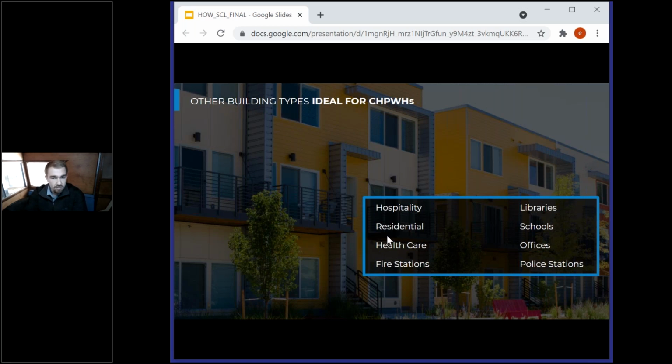But it doesn't have to be. You can have smaller integrated heat pump water heaters distributed throughout the building. Say if you have a library with a set of bathrooms in the corner, you might not have a central hot water system. You might just have a heat pump serving those bathrooms in the library, and then maybe there's another building attached to it that has a separate heat pump.